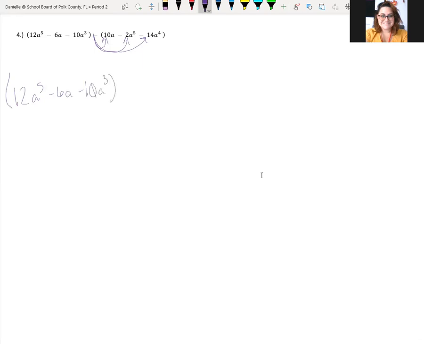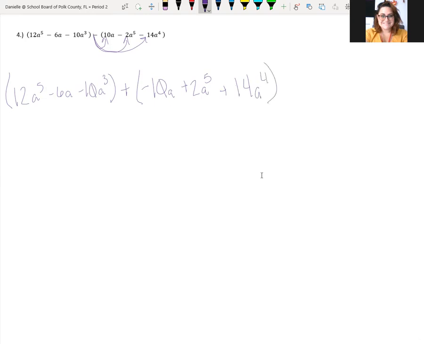And since we got rid of that negative sign, it's now going to be a positive. And 10a plus a negative sign would give us negative 10a. Negative 2 plus another negative gives us positive 2a to the 5th. And same thing for the last one, negative 14 plus another negative sign gives us positive 14a to the 4th.